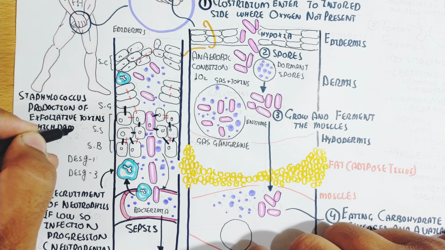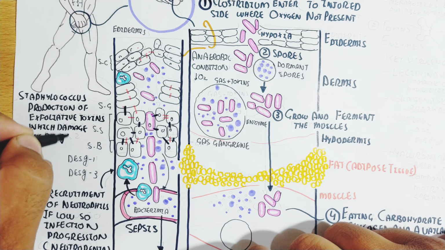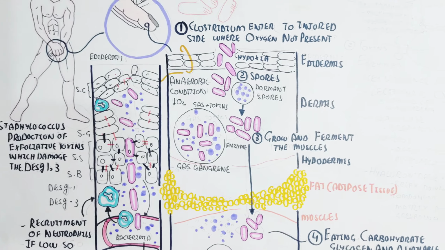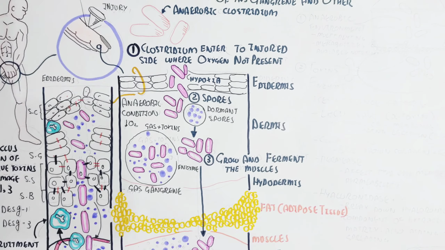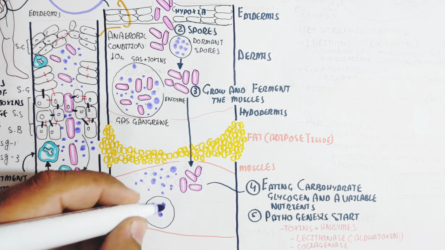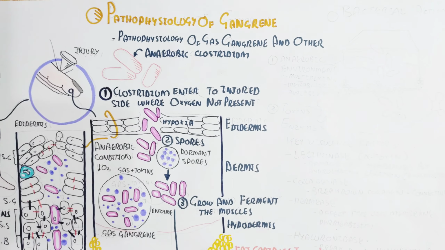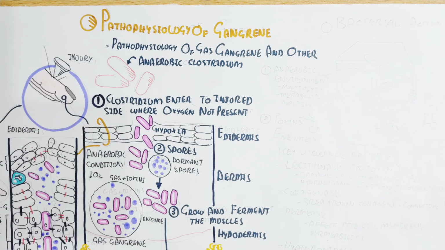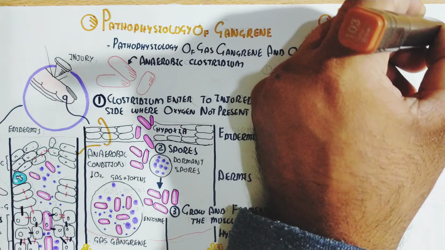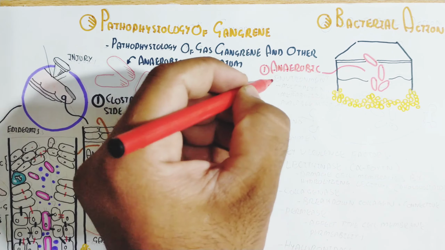So the Staphylococcus production of exfoliative toxin damages desmoglein 1 and 3 and facilitates invasion into the blood circulatory system, known as bacteremia, and sepsis will transmit the bacteria to other sites and cause gangrene, but mostly the hand and the feet are the most important sites of gangrene.